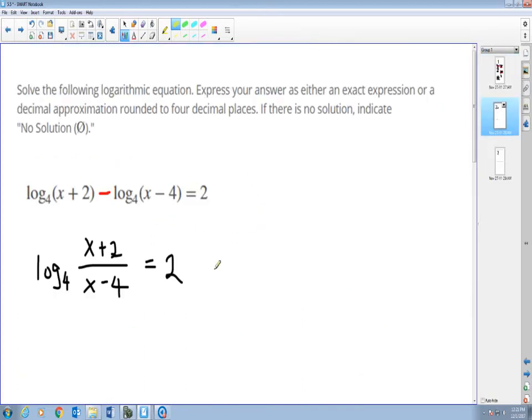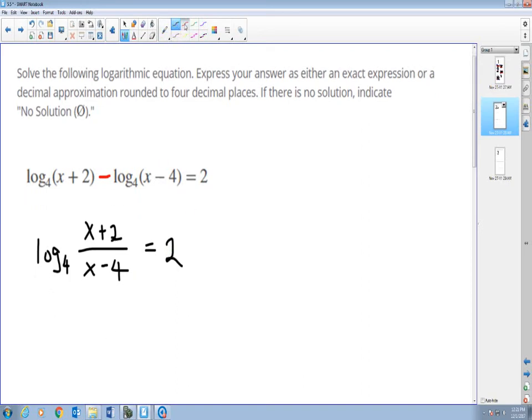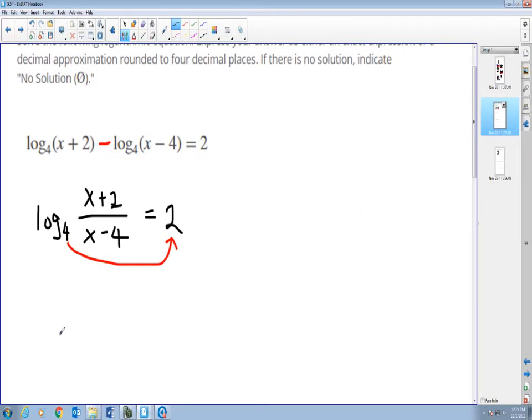When I see these problems, that's what I have in mind ahead of time. So moving my base 4 to the other side and converting to exponential, I get x plus 2 over x minus 4 equal to 4 to the second power.